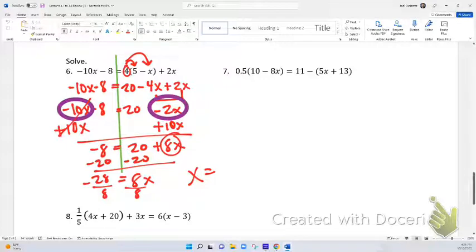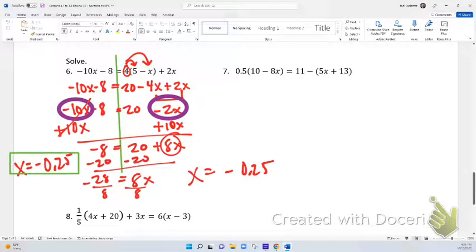We end up getting, so -28 divided by 8 gives you -0.25. Okay. Actually, let me put it on this side so I don't have to erase. X equals -0.25. And that's my answer for that one. Let me erase this on this side.